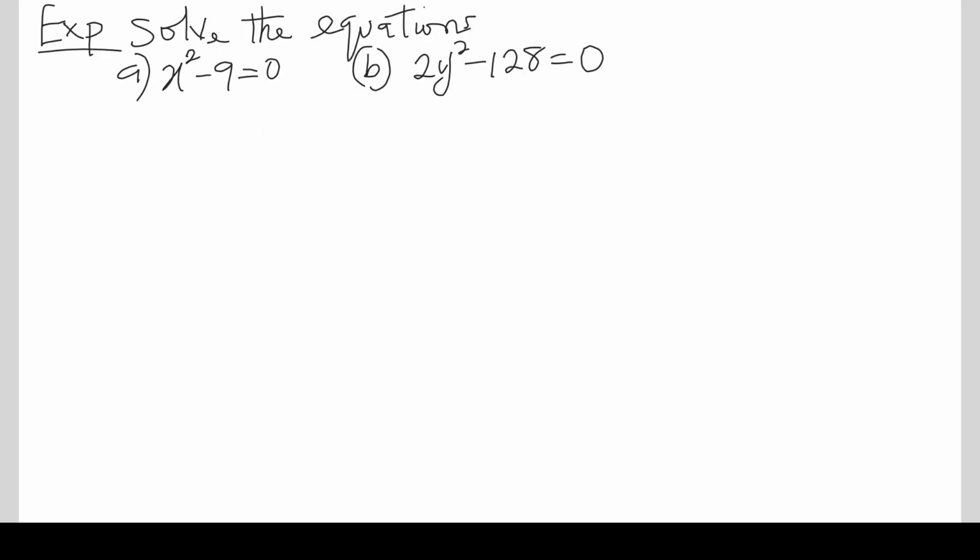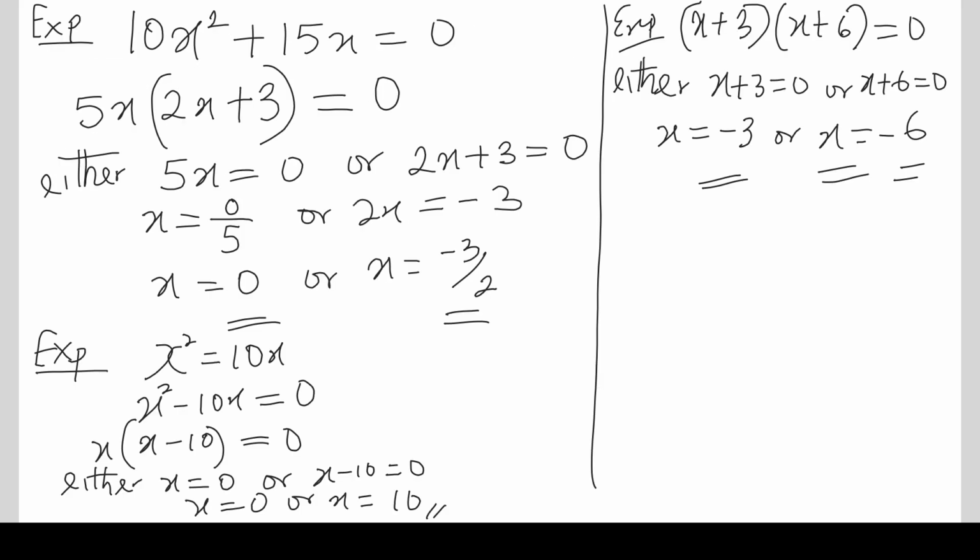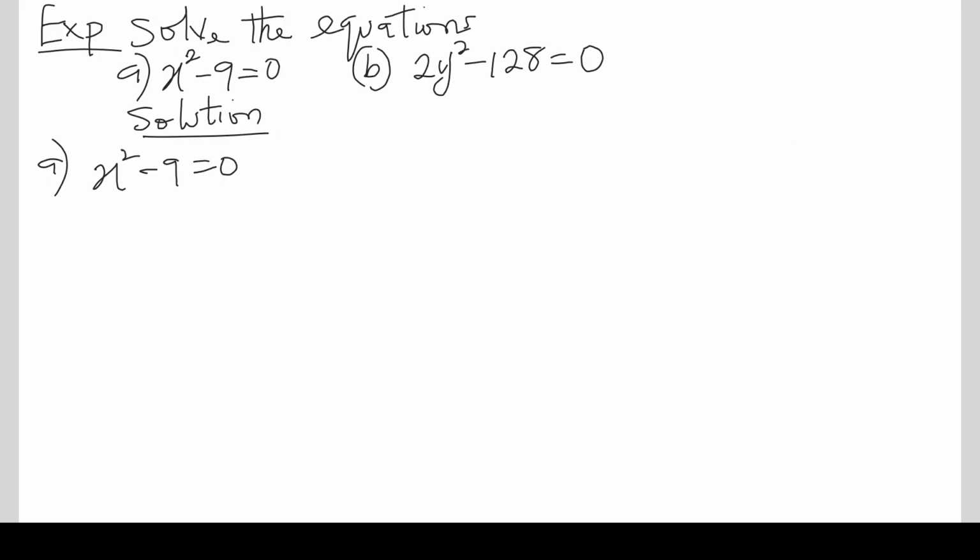Of course, we have solved the equations. The first one is x squared minus 9 equal to 0. You can easily do this by saying solution. This has two terms, but it is different from the examples that we have here, because both terms there have x, while this just has x squared and a constant.